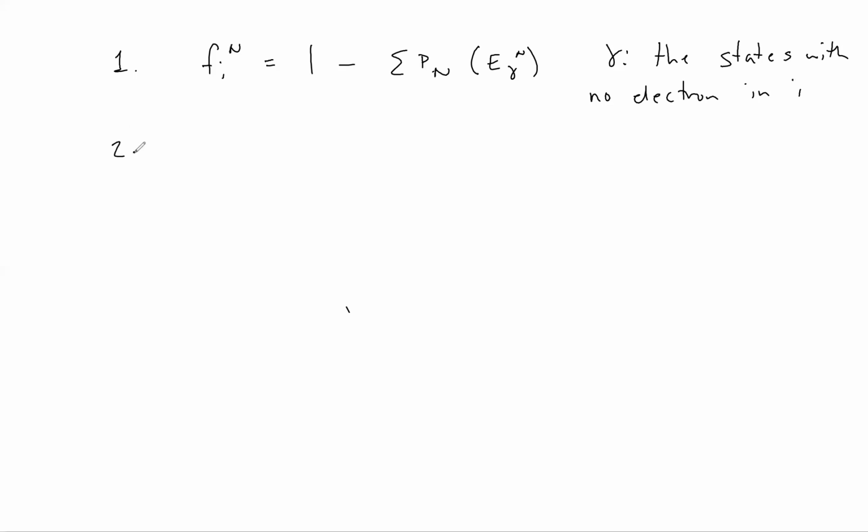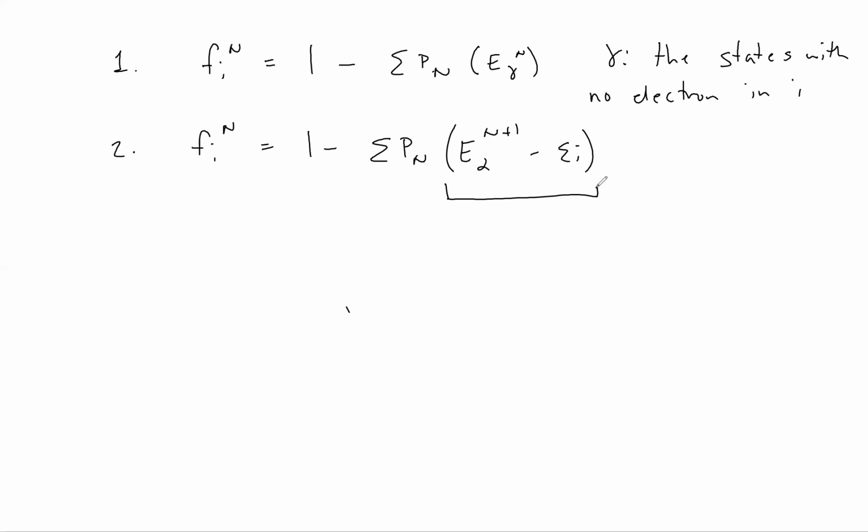We can also note, and here's where the exclusion principle really comes into play, that f_i^n is 1 minus the probability that an n electron state has energy E_alpha,n+1 minus E_i. So remember, alpha indexes states with level i occupied. So here we're constructing a state that does not have an electron in level i.